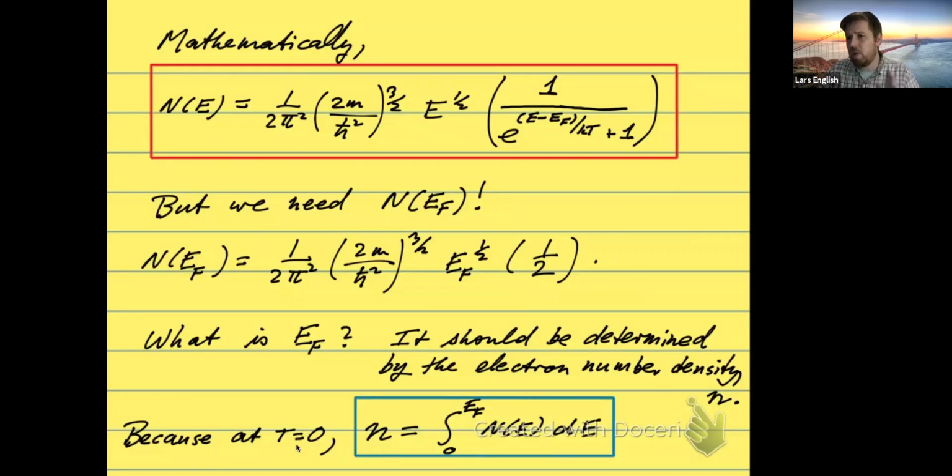At T equals 0, there is this very sharp step, and all the states are filled below the Fermi energy and everything is empty above it. So this energy integral really only needs to run from 0 to E sub f.